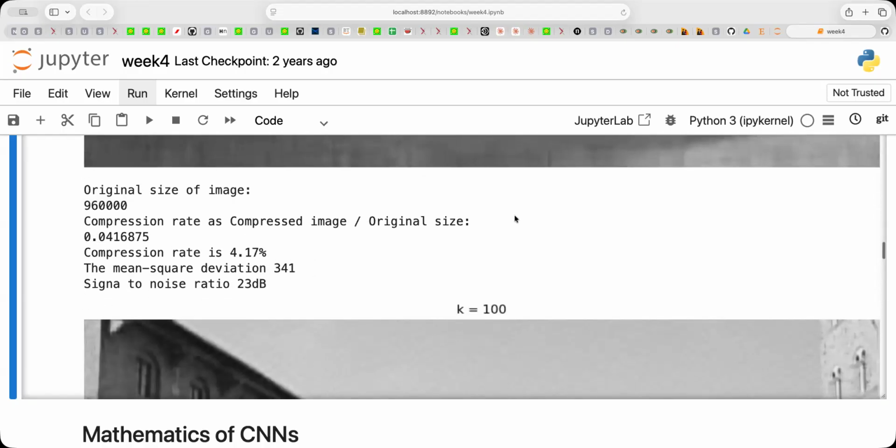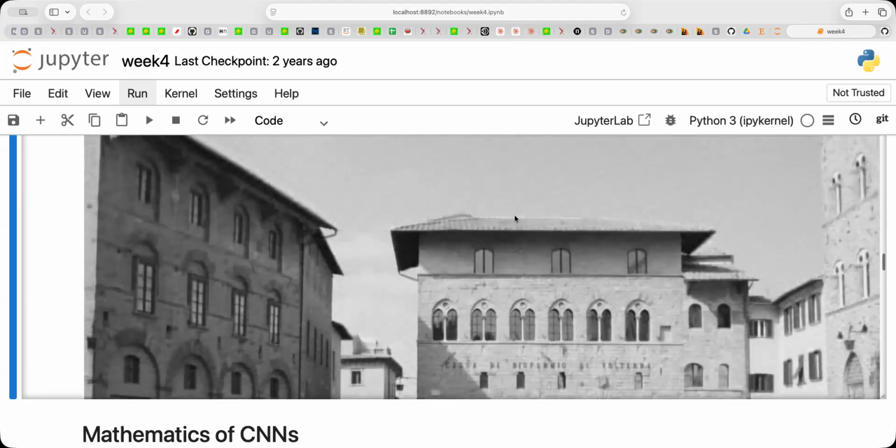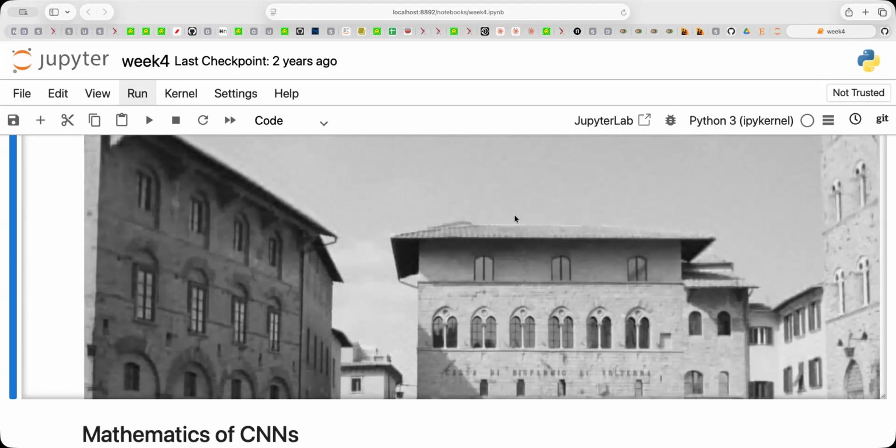So if this is sufficient for you to recognize whether this is a house or the place itself, then this is the information you would keep. So you have compressed it. But clearly, if your task is to reconstruct the whole image, then you don't save anything. But if your task is to have a compressed image and you are happy with that, so suppose now that k equal 100 is okay, then this is what you would keep.